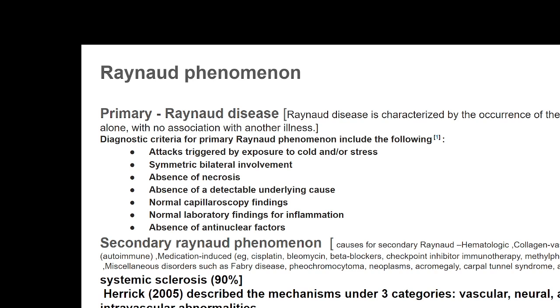Now, the criteria for diagnosis of primary Raynaud's phenomenon is when the patient has episodes of pain or claudication-like pain or symptoms of ischemia when they are exposed to either cold or stress, like vibrating instruments such as drills, or even driving a vehicle.